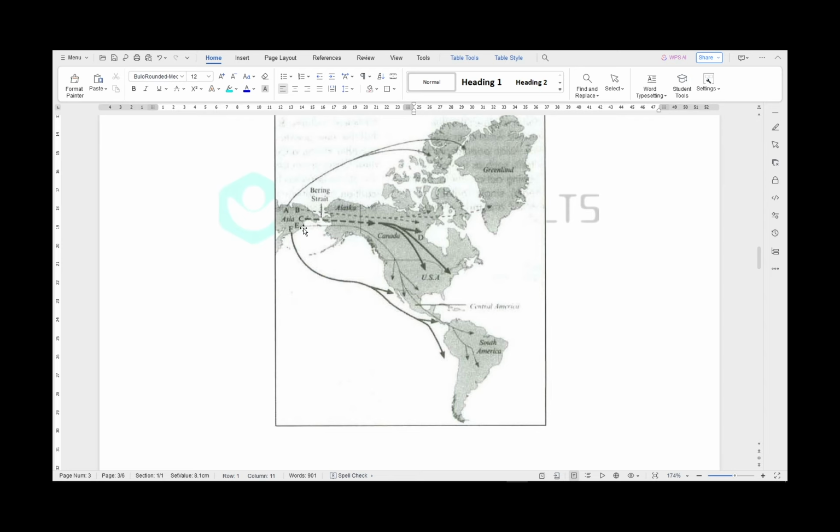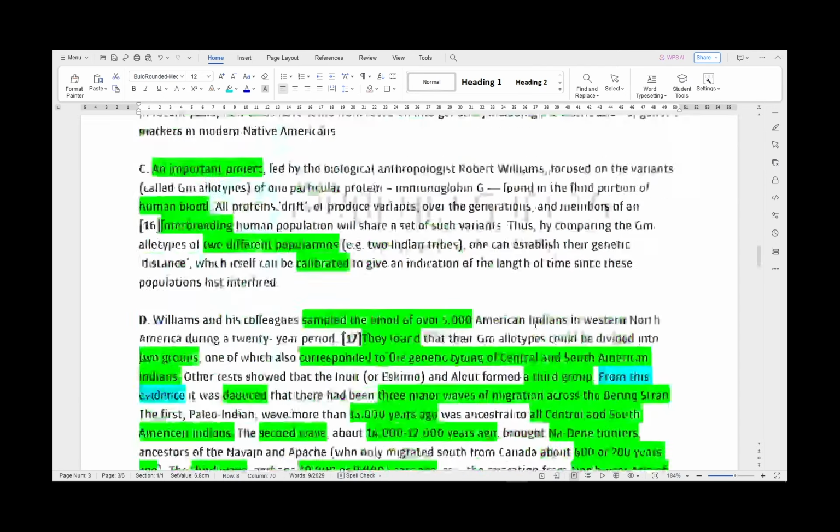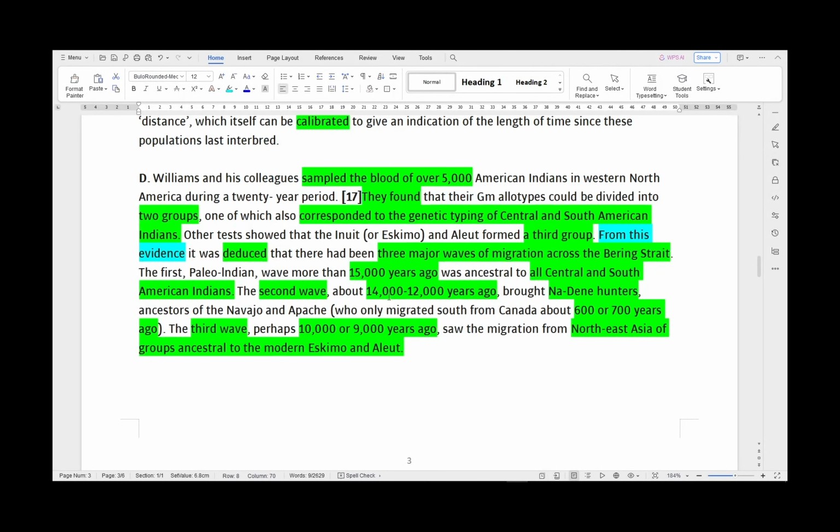Is it C? No, I wouldn't say it's C. C stops here, somewhere around Canada. So F is going all the way back here, and South America. What is happening here? So 15,000 years ago was ancestral, the first Paleo-Indian, more than 15,000 years ago, was ancestor to all Central and South American Indians.